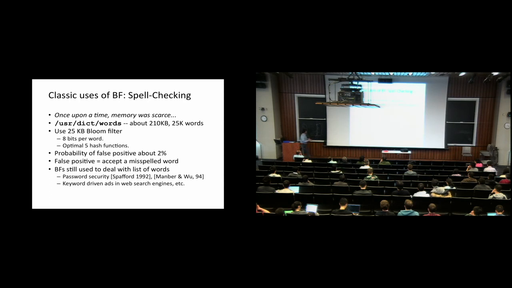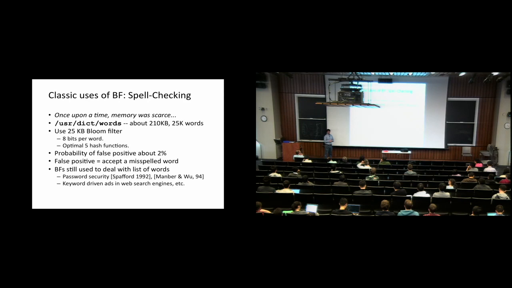One of the early uses of Bloom filters had to do with spell checking, which seems like a silly example today when we have memory everywhere, but long, long ago, memory was a scarce resource. So if you put yourself into a scarce resource world, you might say, I don't want to keep a whole dictionary around in memory, but I might be able to keep a Bloom filter of a dictionary in memory. Now the question is, what happens when I get a false positive?